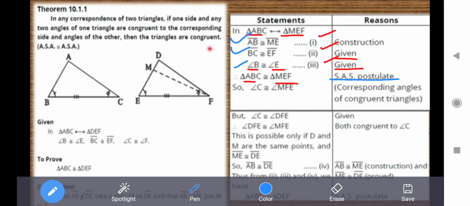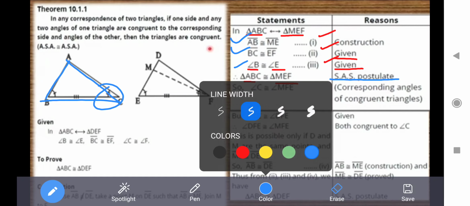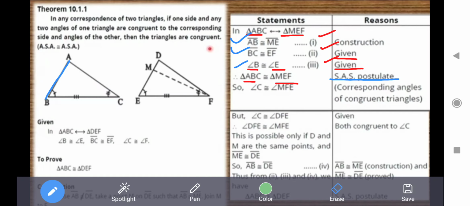So, or you can say hence, after showing the congruency of these two triangles, we will conclude what? Angle C is congruent to angle MFE. Why? I'll show you again. This angle C is congruent to MFE.